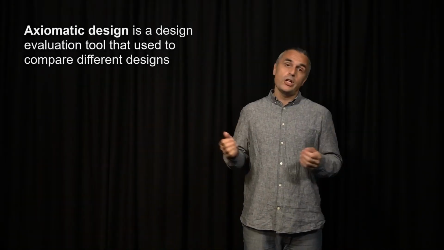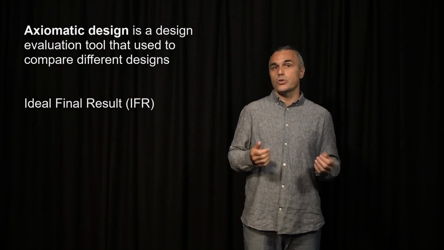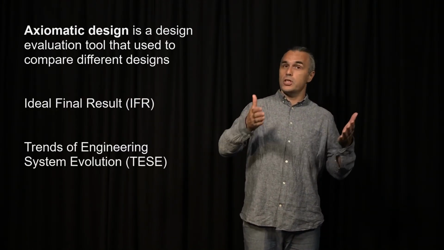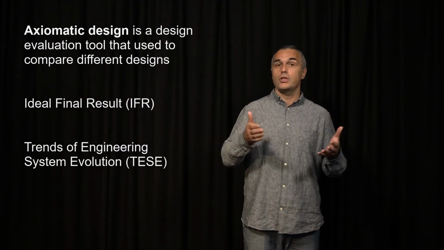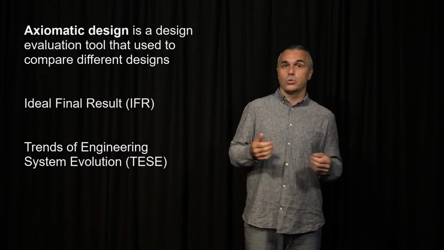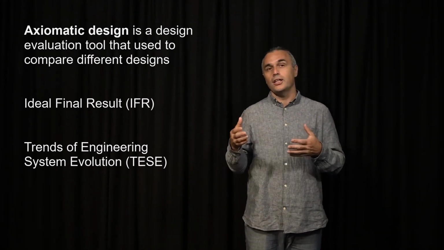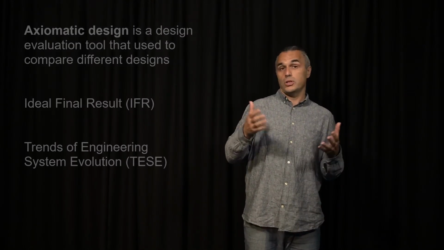Basically, it's a design evaluation criteria that places it near the ideal final result concept or trends of engineering system evolution from the theory of inventive problem solving. Indeed, these are mostly evaluation tools. They can be used to compare different design ideas and to tell which one is better according to TRIZ, which one is more ideal, which one is more dynamic, more functional.